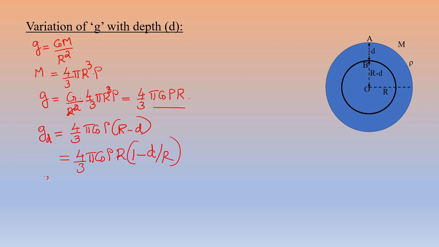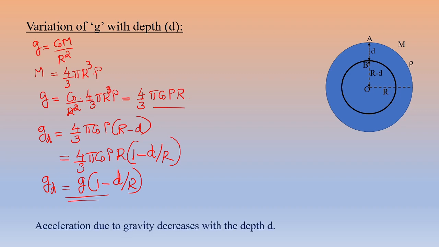So g_d is equal to g into (1 - d/R). Now this is the expression for the value of g at a given depth d from the surface of the earth. Here also the acceleration due to gravity decreases with the depth.